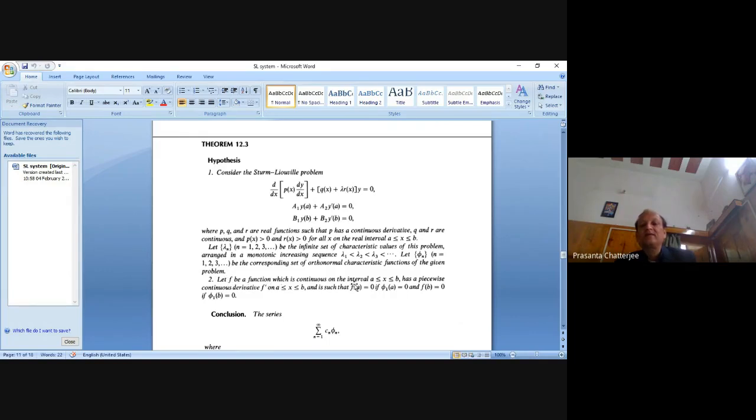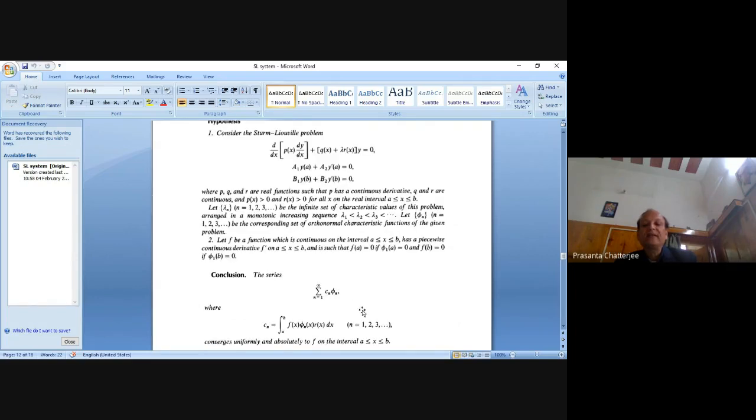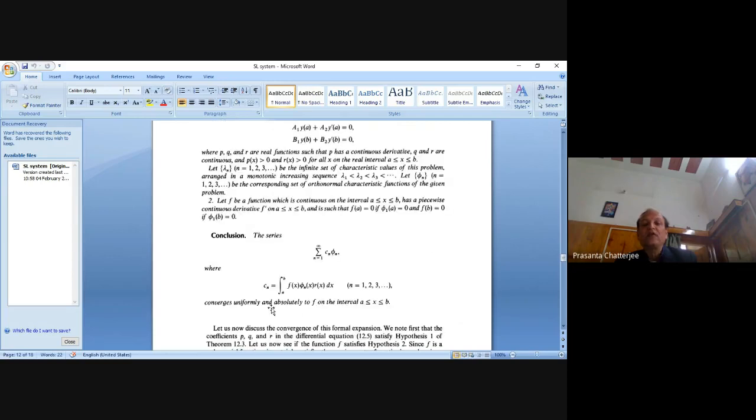Let f be a function which is continuous on the interval [a, b], has a piecewise continuous derivative f dot on the closed interval [a, b], and is such that f(a) equals 0 if phi(a) equals 0, and f(b) equals 0 if phi(b) equals 0. Then the series sum from n equals 1 to infinity of c n phi n, where c n equals the integral from a to b of f(x) phi n(x) r(x) dx, for n equal to 1 to infinity, converges uniformly and absolutely to f on the interval [a, b]. This is the theorem.